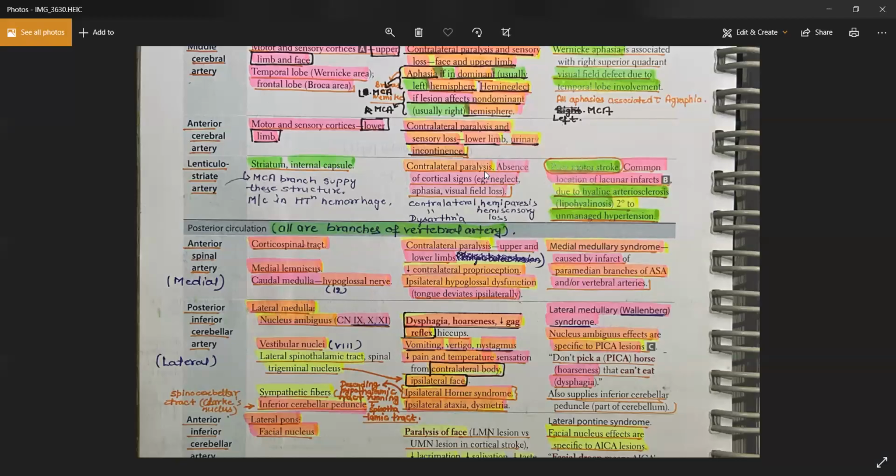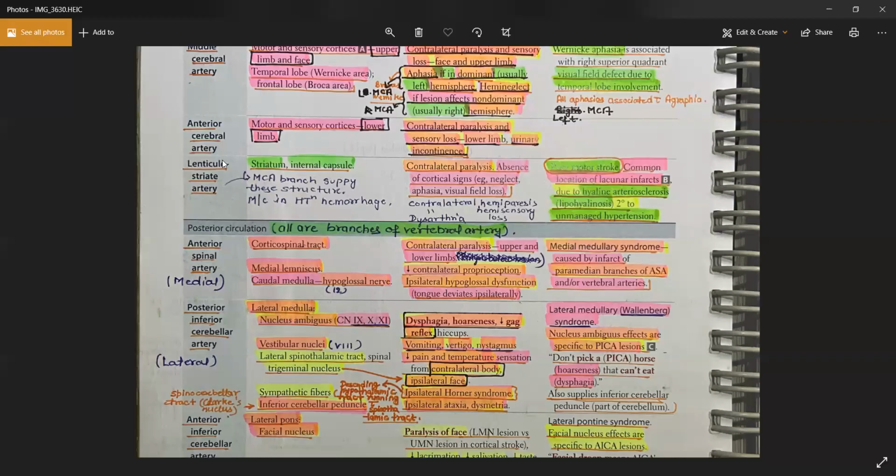Please note, the upper limb, lower limb, face, and abdomen, the complete side will be paralyzed or have sensory loss, hemiparesis, not just the upper limb, or just the lower limb, or just the face, if you get lenticulostriate vessel damage.